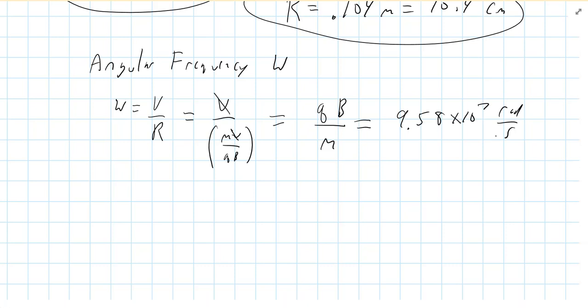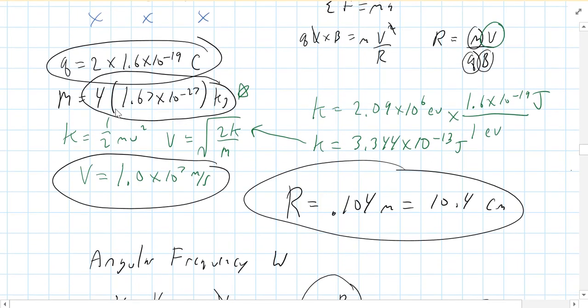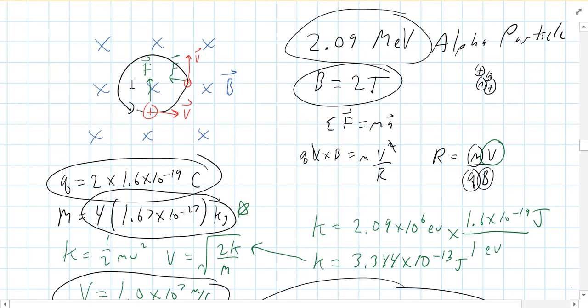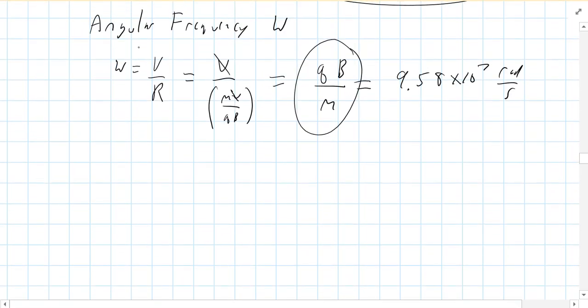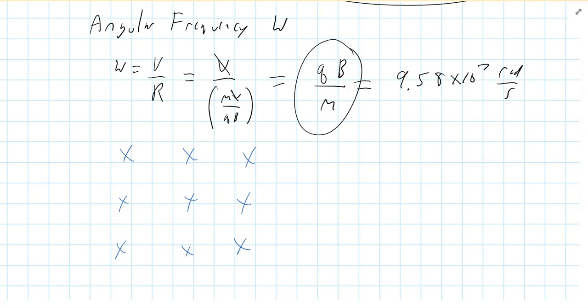Something very important to note there. Notice what's not in that final equation: velocity. So it turns out if I throw this particle into this magnetic field, no matter what, it's going to take him the same amount of time to take a lap. If I throw him in there fast, so let's say here's our field, if he has a high speed, he'll have a fairly big radius.